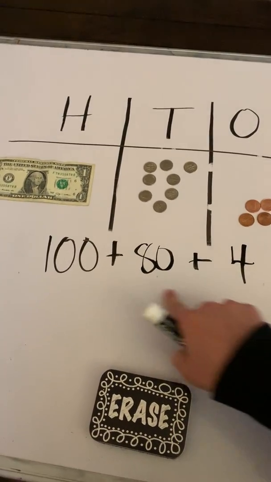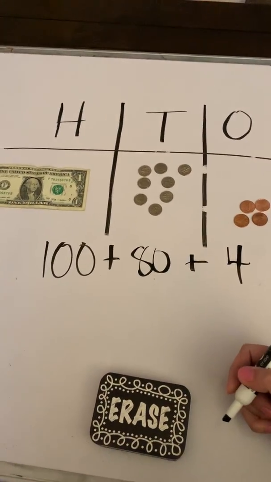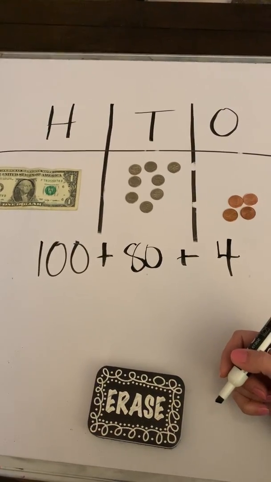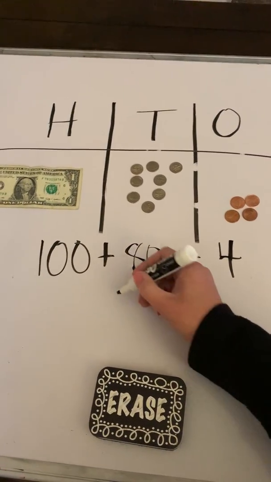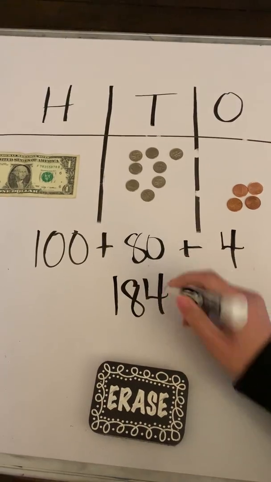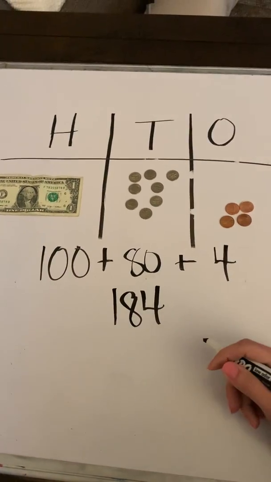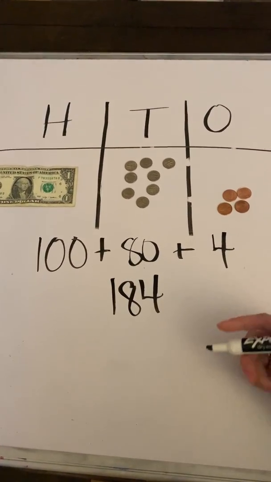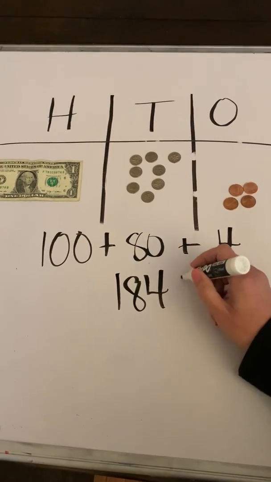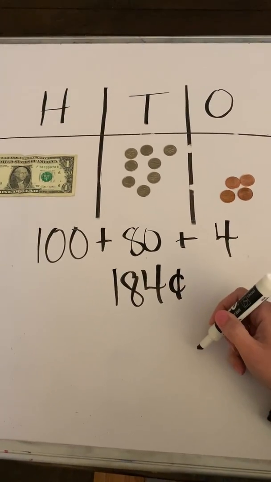What's 100 plus 80 plus 4? You're taking our expanded form and putting it into standard form. 100 plus 80 plus 4 is 184. You're right. But because we're counting money, we have to remember that it's 184 cents.